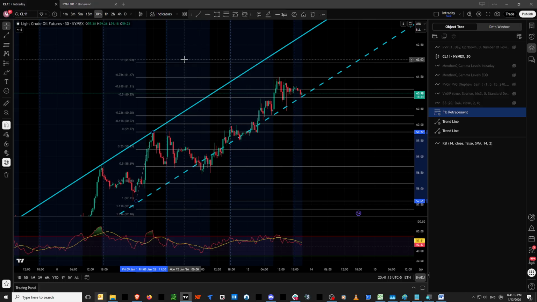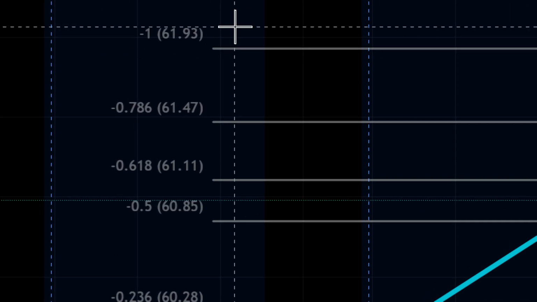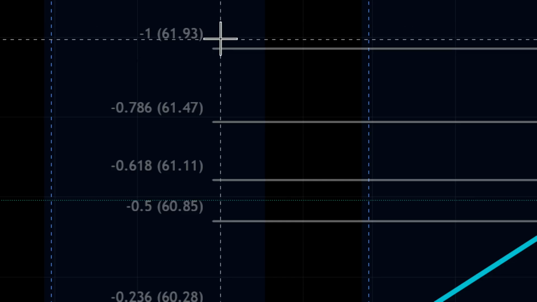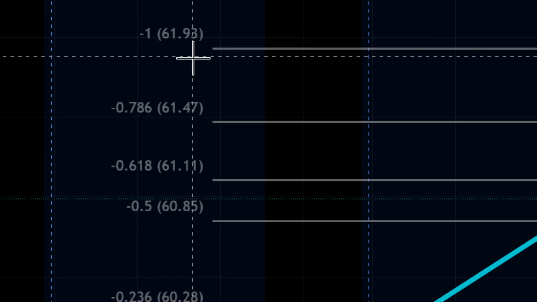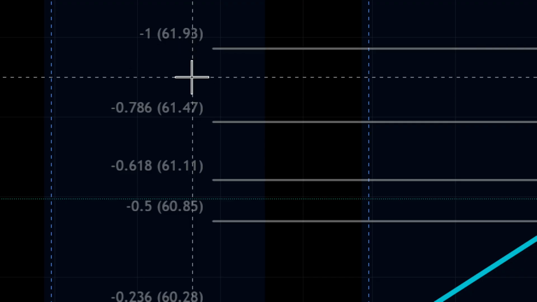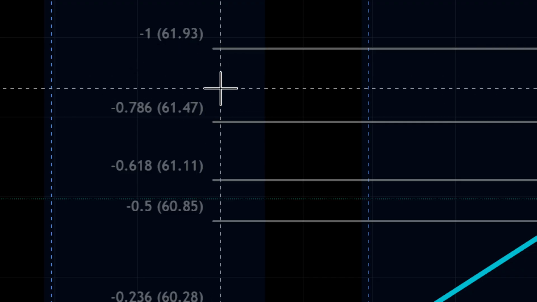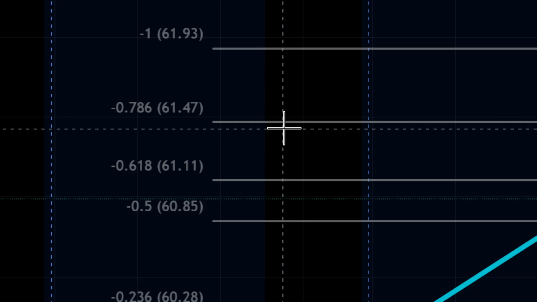Where's my upside target? We've hit this 786, so it would have to be 61.93. Now you say, where should I go to 61.93? Now this is not a trade recommendation. Don't copy my trade. Actually, I'm not taking the trade, but anytime I see these kind of things, I always set 1 or 2 ticks below, because so many times I've seen it come up, get really close, and then just fade right away.